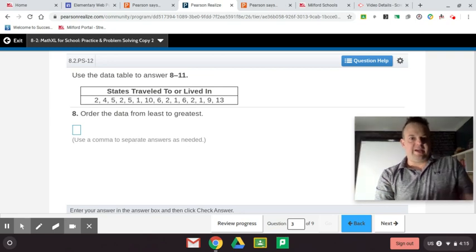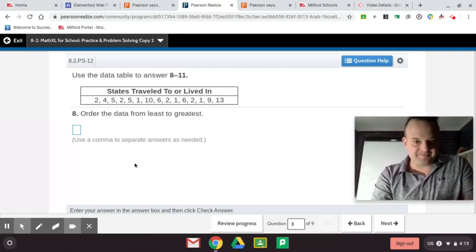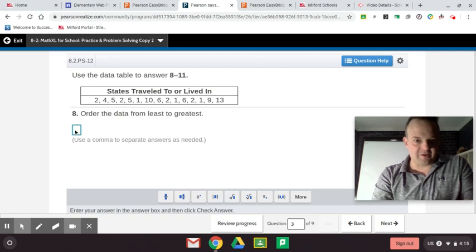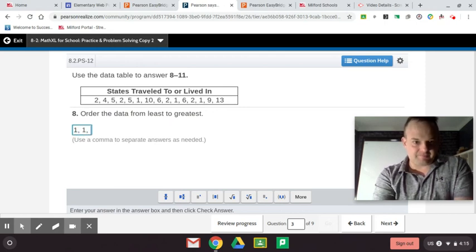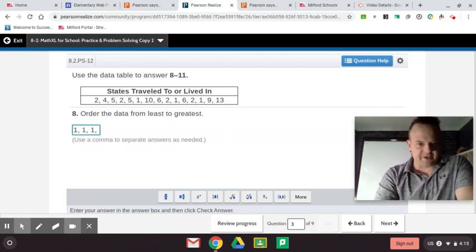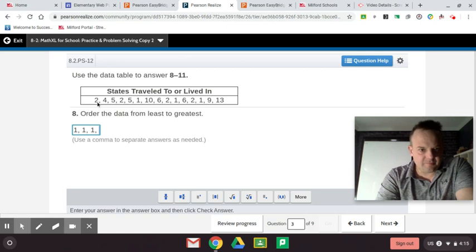So order the data from least to greatest. Okay, so I'm going to look. I have a 1, a 1, and a 1. I have 3 1s. And you, of course, have a different example. 1, 2, 3, 4 twos.